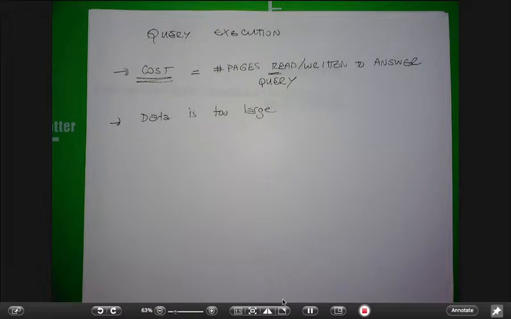Or it could be that you have smaller data, but you have lots of concurrent users, right? Each one has to execute queries in parallel. That means they cannot all at the same time have all the memory in the machine, right?